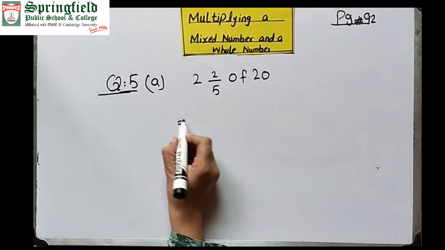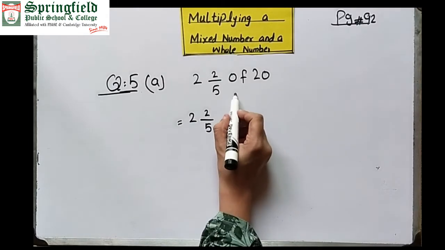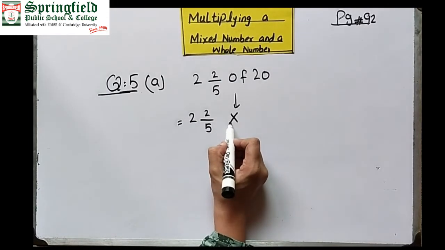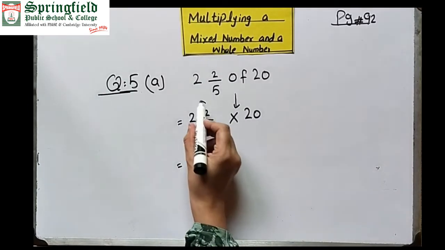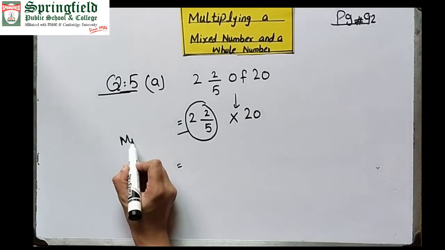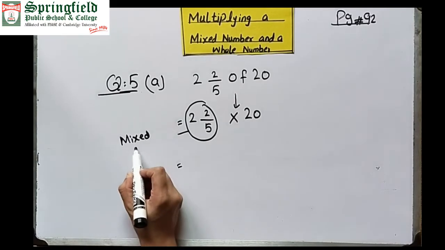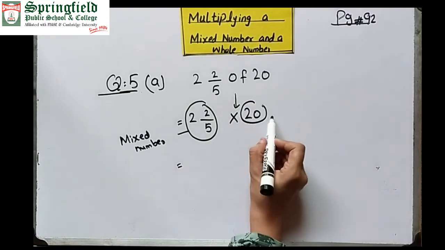So how can we solve? 2 whole 2 by 5. First, of means multiply 20. This is a mixed number and this one is the whole number.